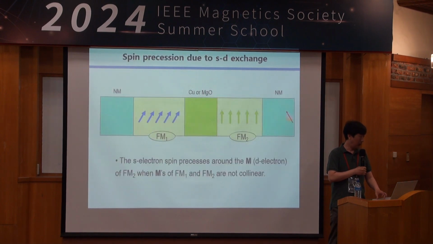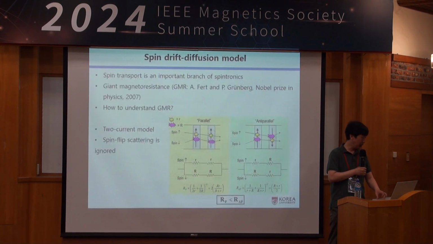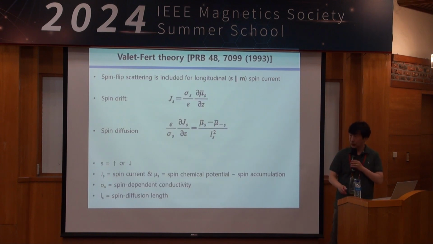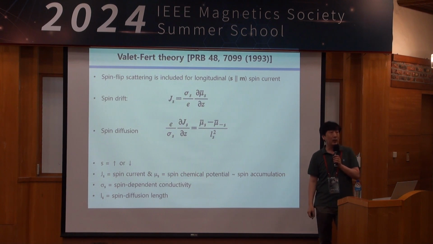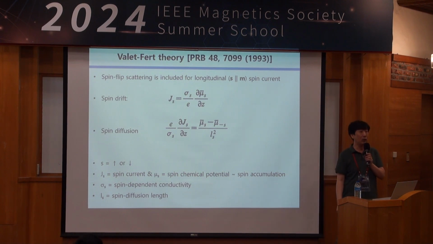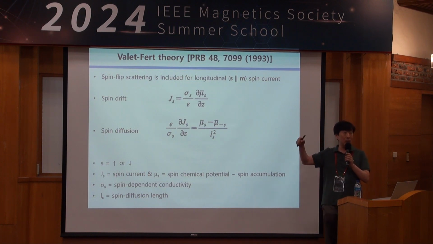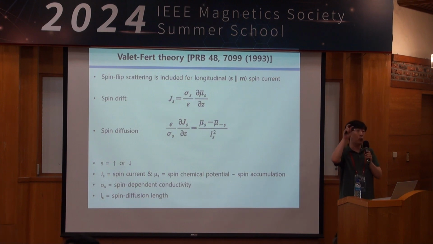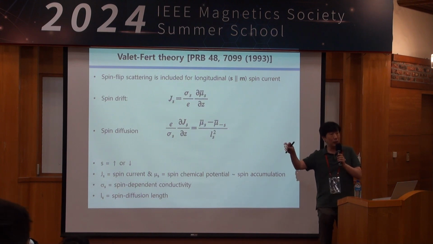I'm sorry, I don't have a detailed equation here, but from this equation, you put this term here, then you can find that the second derivative of mu s is given by mu s over the length scale squared, meaning that the general solution is an exponential function. So you have A exponential plus B exponential minus. Depending on the layers, you have two unknowns for each layer.